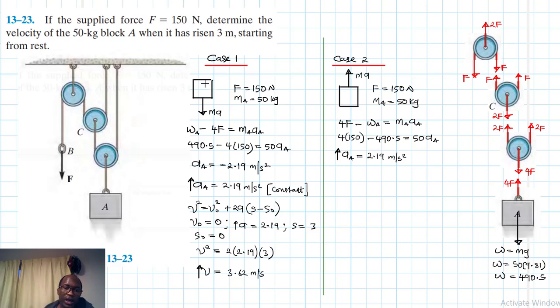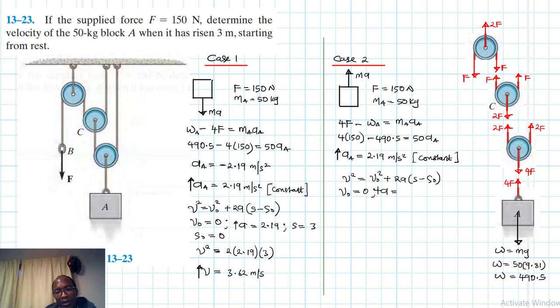We had assumed the kinetic diagram going down, so in a case like this, well, we have found this, and this is also constant. So with this, we can again use the same equation: v squared is equal to v naught squared plus 2a(s minus s naught), where our v naught is from rest, 0.